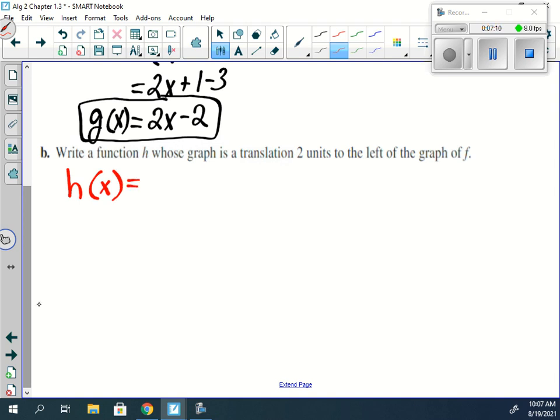Now when we talked about horizontal, moving left and right, what they told us is that this is equal to f of x minus h. This is just by definition. Now they didn't use h of x, they used y. Y and h of x, y and f of x, y and g of x, those are all the same thing.